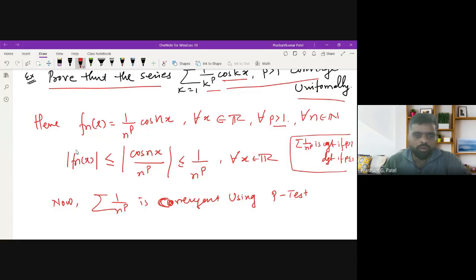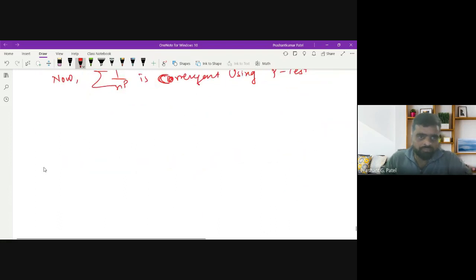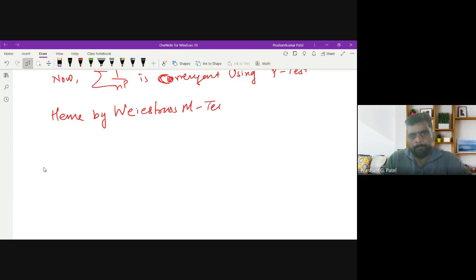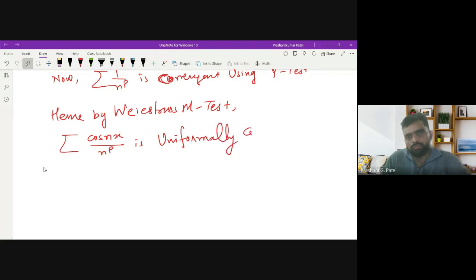So hence by the Weierstrass M test, we can say that summation cos nx upon n power p is uniformly convergent. This is the example that we have done.